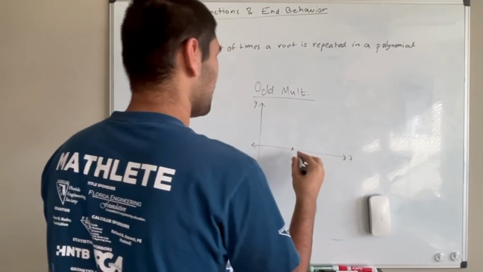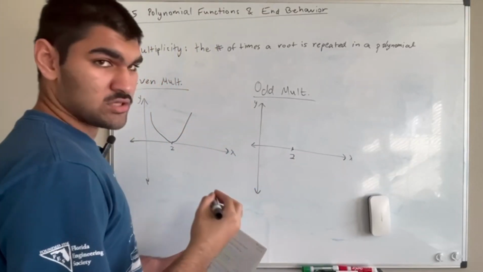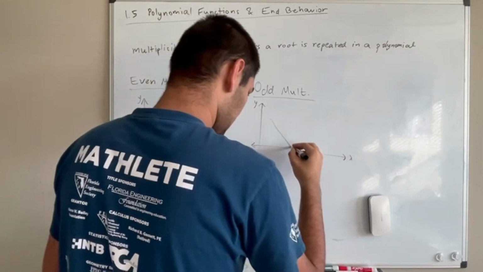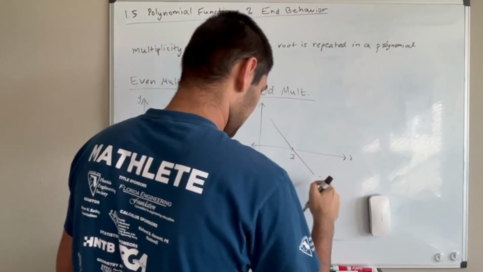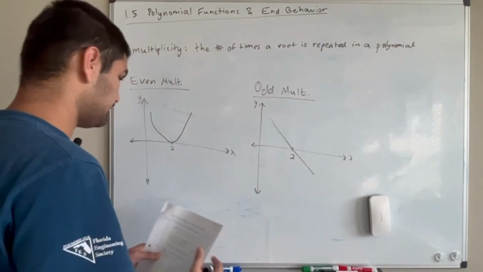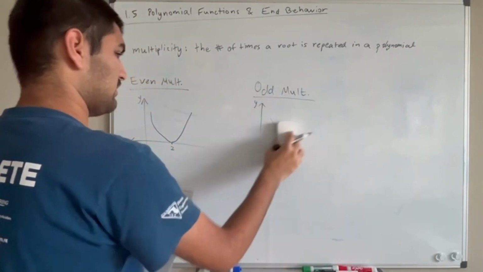Let's say you have a zero at 2 again, but now the multiplicity of the zero is 3, so it's an odd multiplicity. So now the function would probably cross the x-axis in some manner like that. Okay, good. And that's essentially all there is to know about even and odd multiplicities.